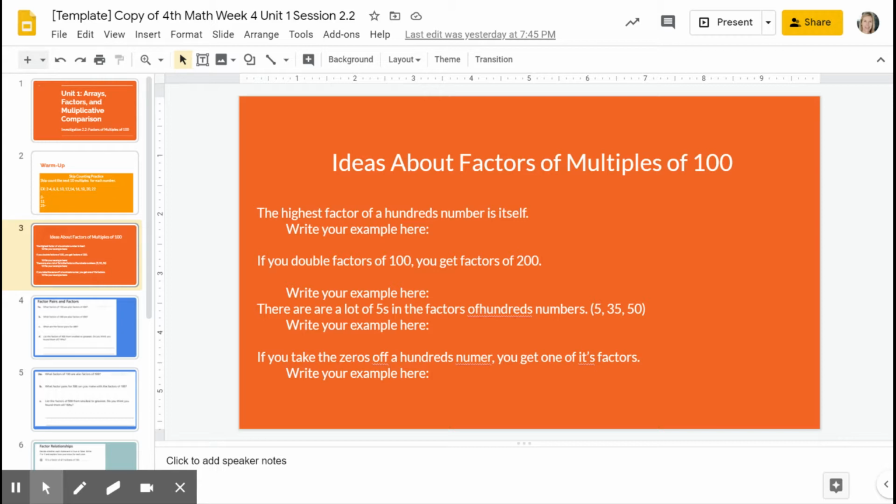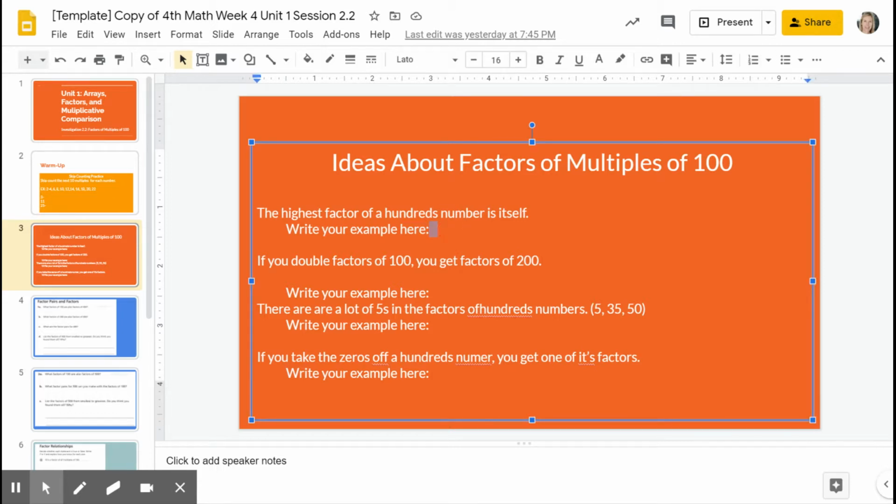So when you go back and write your example, you'll click next to this, and then you can write: the highest factor of 300 is 300 because 1 times 300 is a factor pair.